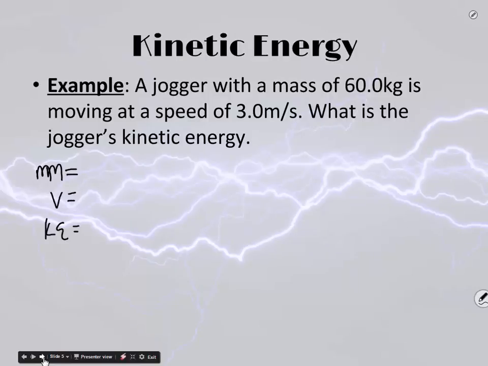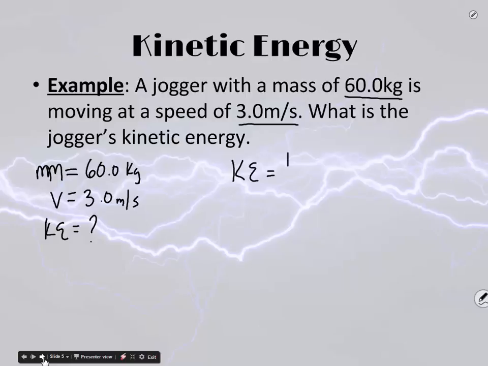Looking at our problem, kilograms is a unit of mass, so we know our mass is 60 kilograms. Our velocity is going to have units of meters per second, so we know our velocity is 3 meters per second. That means we need to find our kinetic energy. If we remember our equation, kinetic energy equals 1/2 mass times velocity squared.